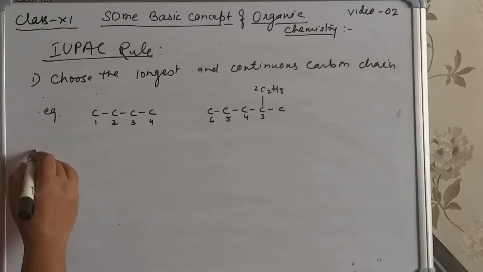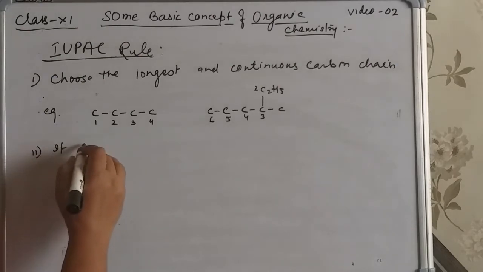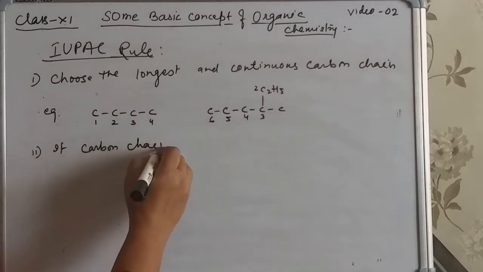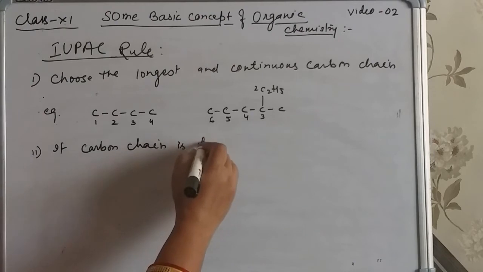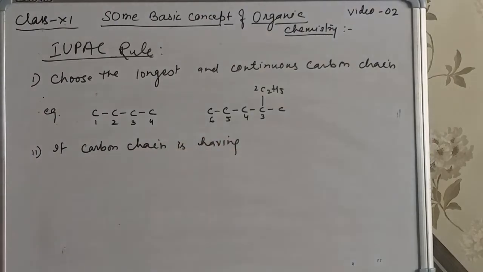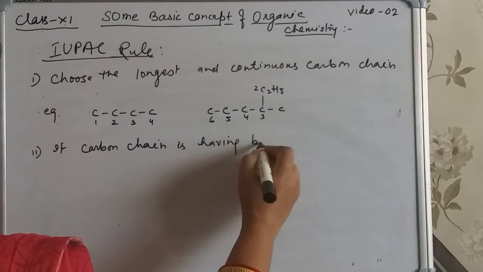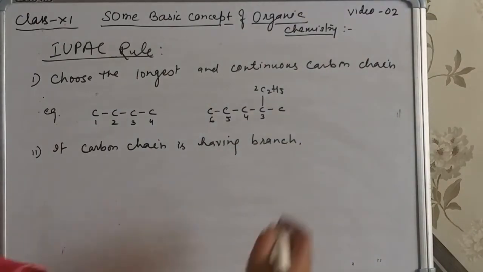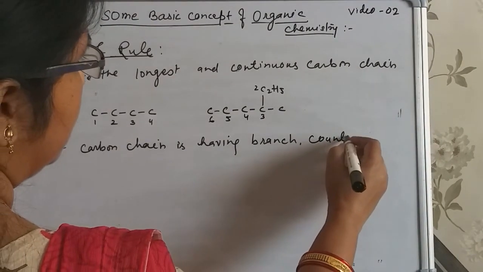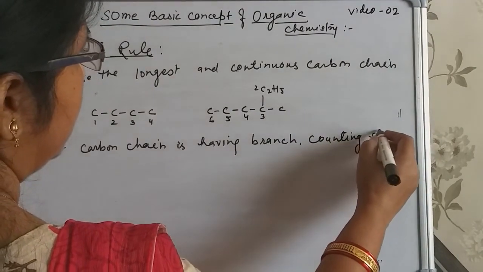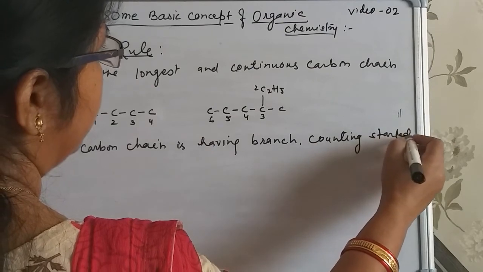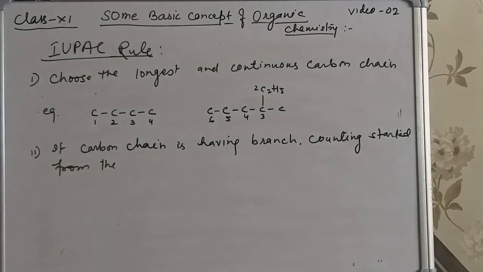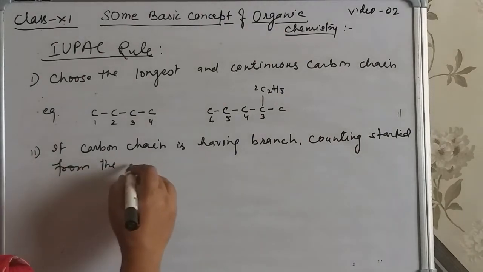Next, if the carbon chain is having a branch, counting is started from the nearby branching.